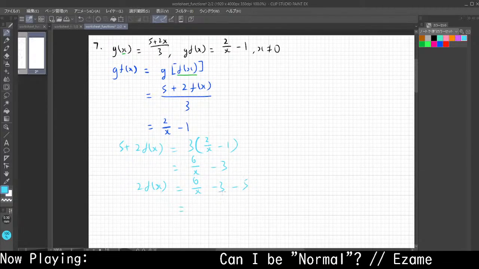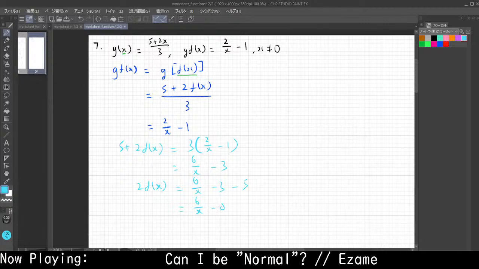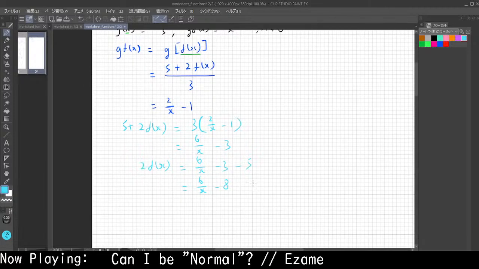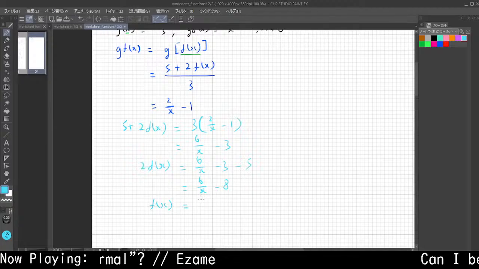Minus 3 minus 5 is minus 8, so 6 over x minus 8. The 2 moves over to do division: f(x) will be equal to the entire thing divided by 2.